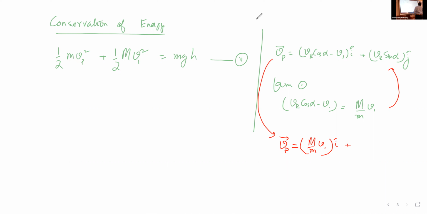From here you can see V relative is this plus V1 upon cos alpha. So this plus V1 is how much? It is (M by m plus 1) into V1 by cos alpha. So this is our V relative into sin alpha.